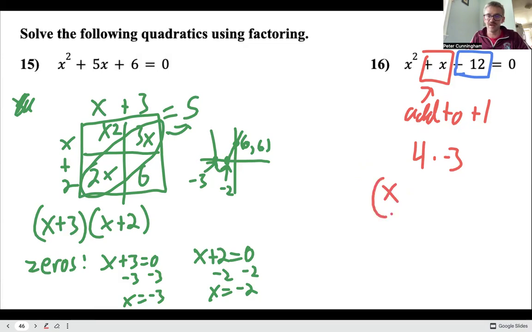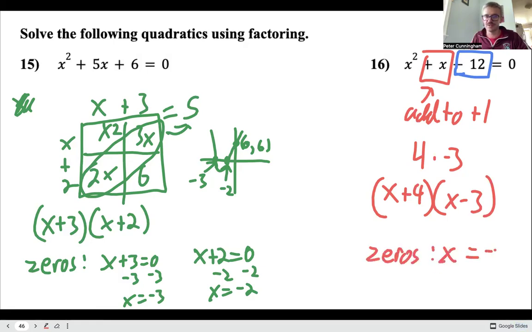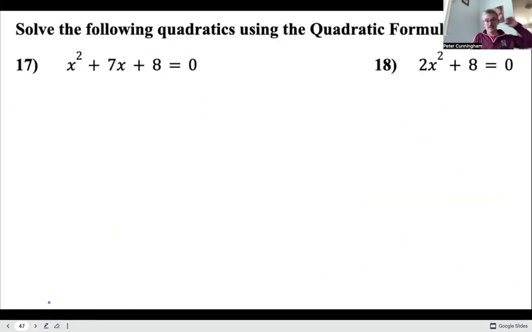So this in factored form would be x plus 4, x minus 3, which means my zeros are x equals negative 4, x equals positive 3, the opposites, right? And we got that the same way we would solve there, but I did it just mentally in that case.